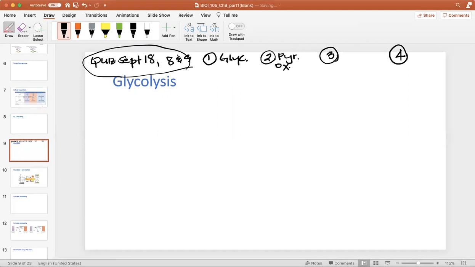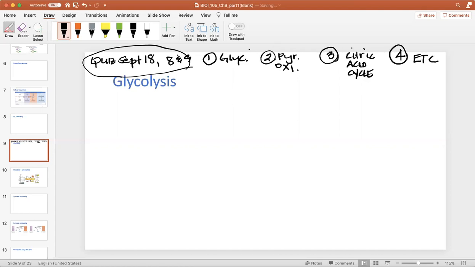I'm going to abbreviate here, okay? The third part is the citric acid cycle. And then the final part is the electron transport chain, okay?